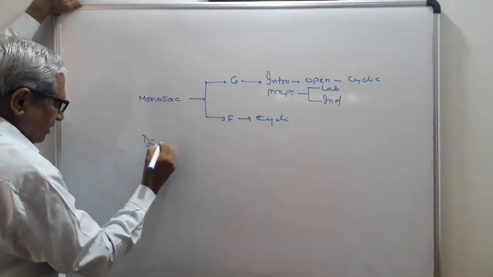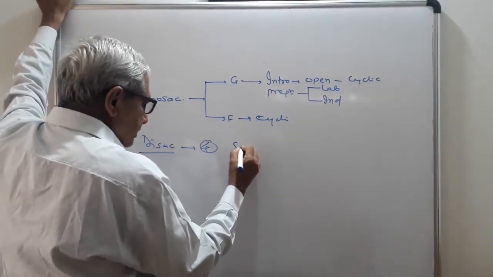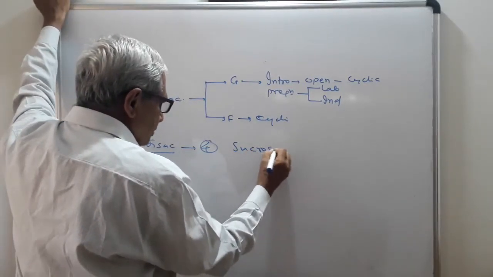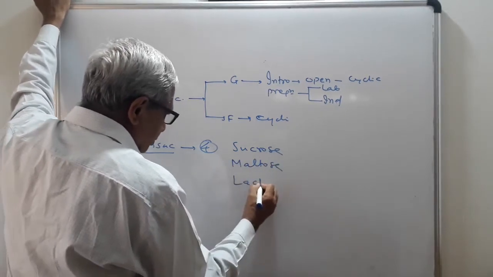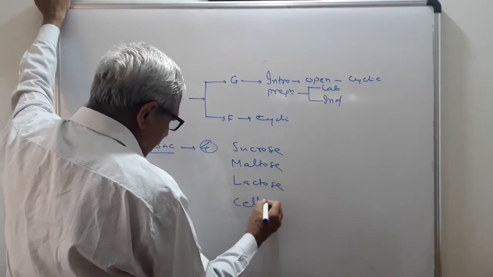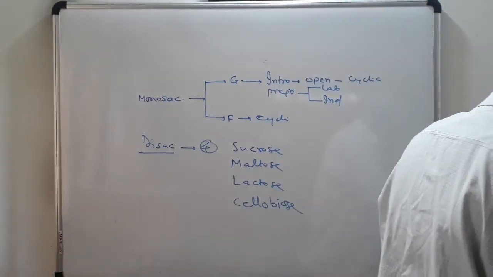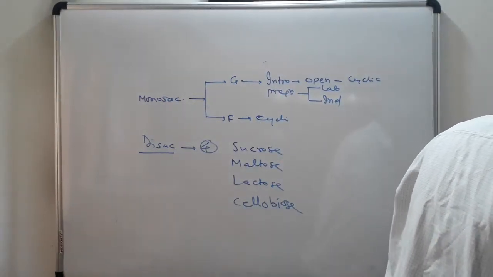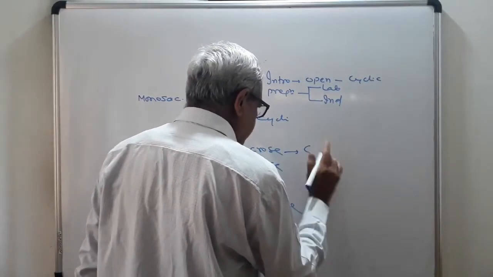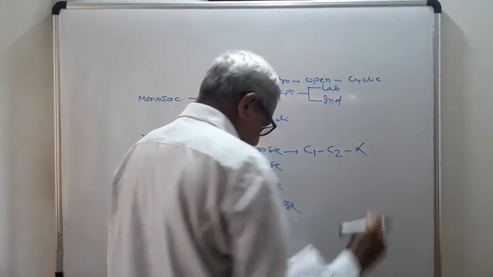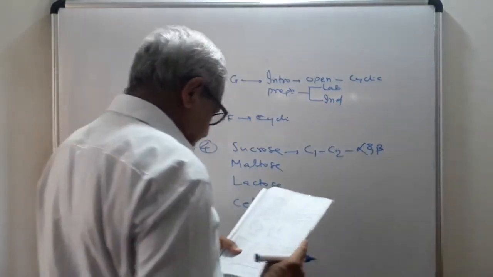Then we started the point disaccharides. In disaccharides, we learned four disaccharides: one is sucrose, second is maltose, third is lactose, and fourth is cellobiose. Take the brief revision here. In maltose, there is a C1 C4 alpha glycosidic linkage. In sucrose, the linkage is C1 C2 alpha beta glycosidic linkage.